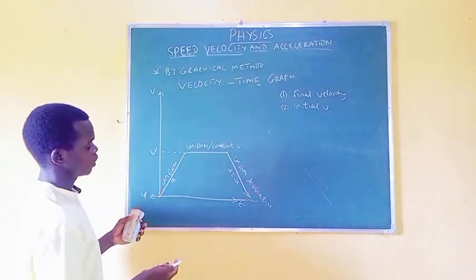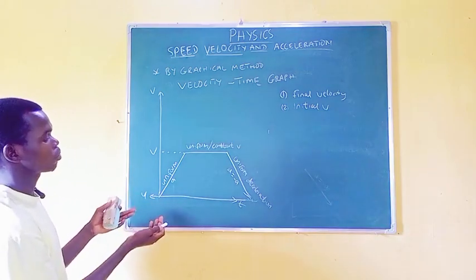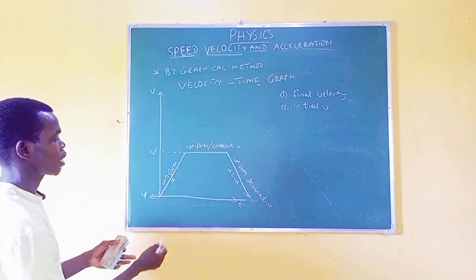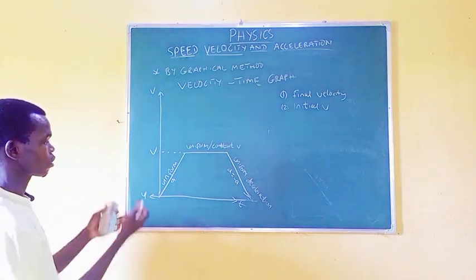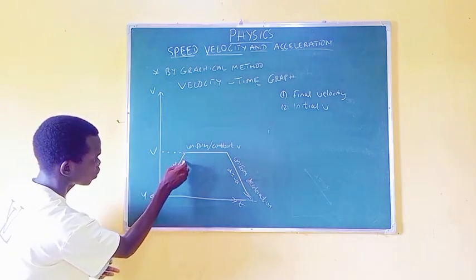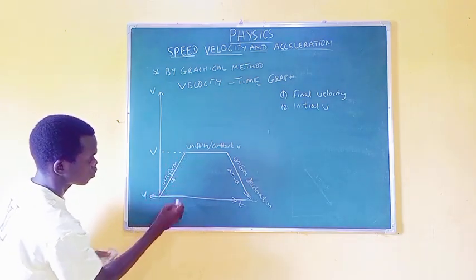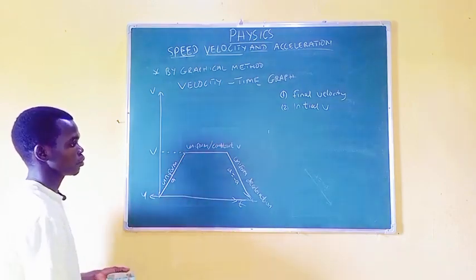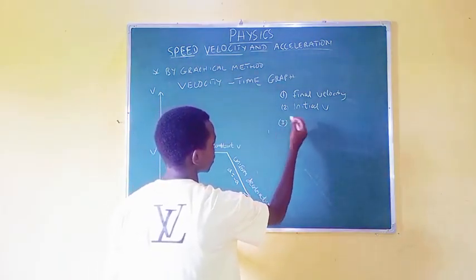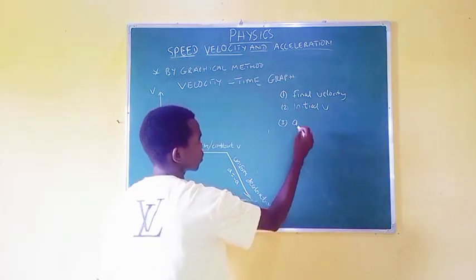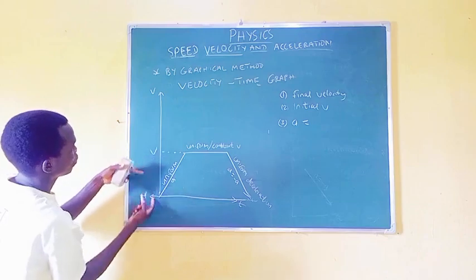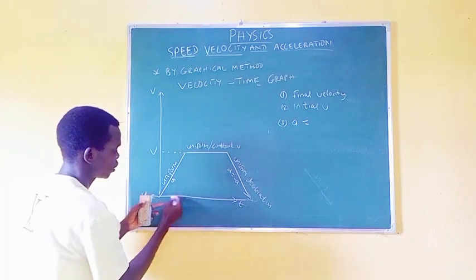We can find the slope of the graph, or we can find acceleration. Acceleration is equal to the slope of the graph. If we are to consider the slope of this uniform acceleration, we will find acceleration, where acceleration is change in the vertical velocity over the change in time.